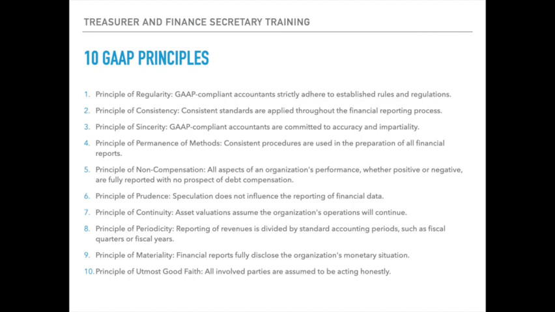The principle of periodicity. Reporting of revenues is divided by standard accounting periods, such as fiscal quarters or fiscal years. The principle of materiality. Financial reports fully disclose the organization's monetary situation. The principle of utmost good faith. All involved parties are assumed to be acting honestly.